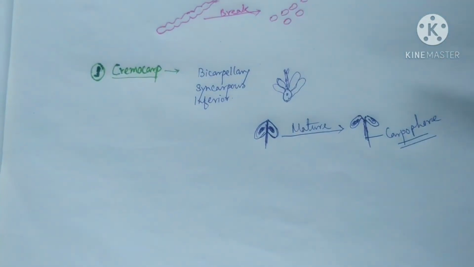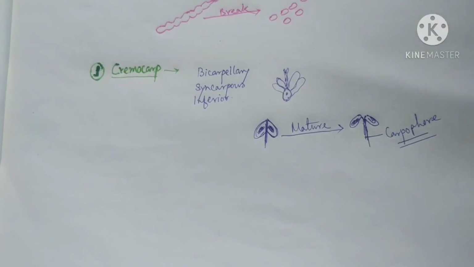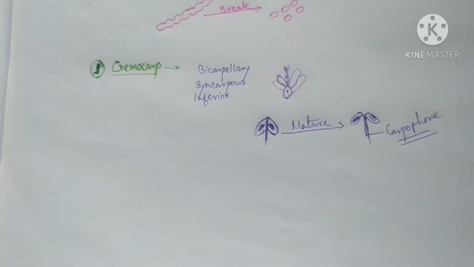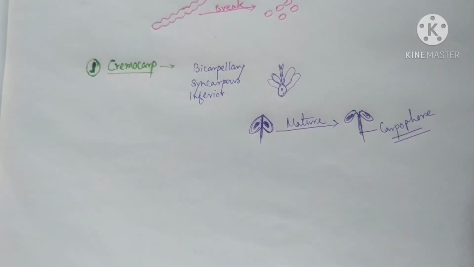So this is a cremocarp type fruit. Example, Coriandrum sativum.